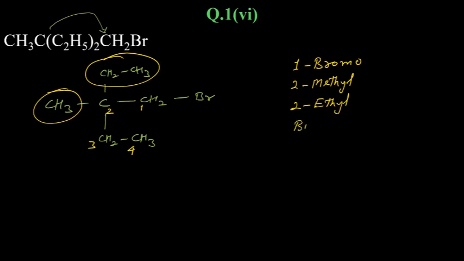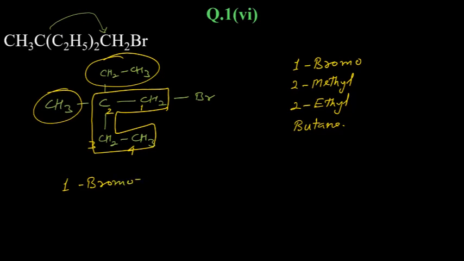Then it is butane, because the main chain is of four carbons. Clear? Now arrange them in alphabetical order. One bromo, two ethyl, two methyl, butane. B comes first, so one bromo. Then E comes, it's two ethyl. Then M, two methyl, butane.